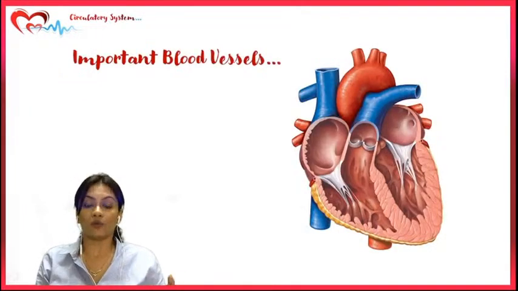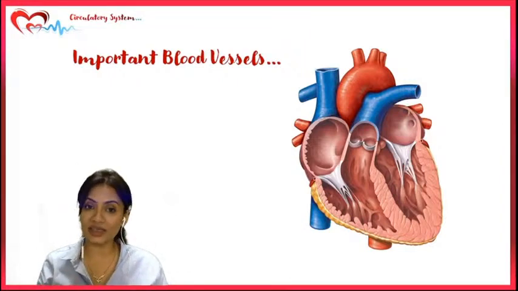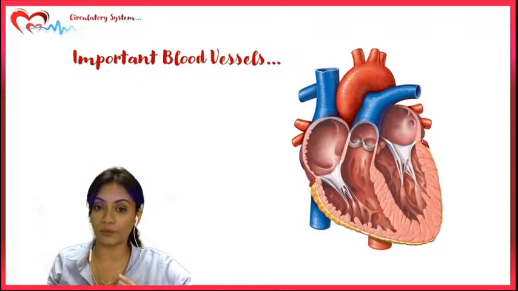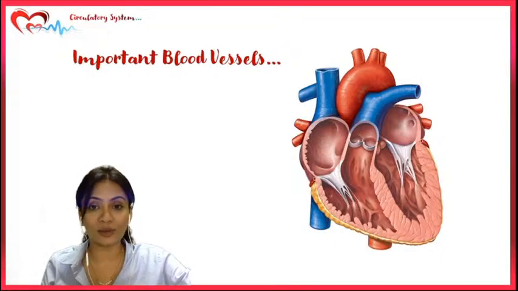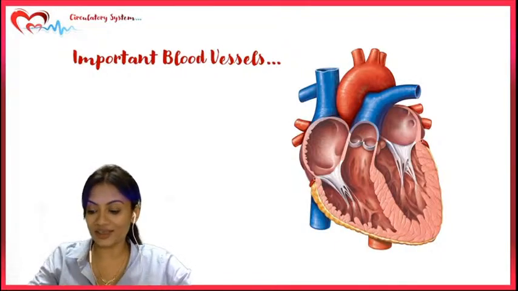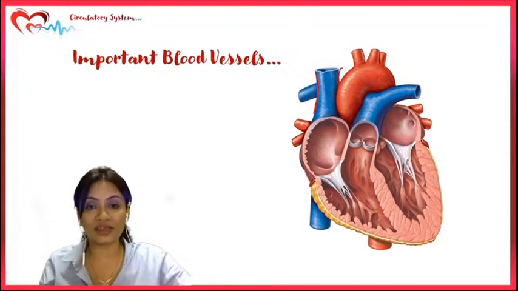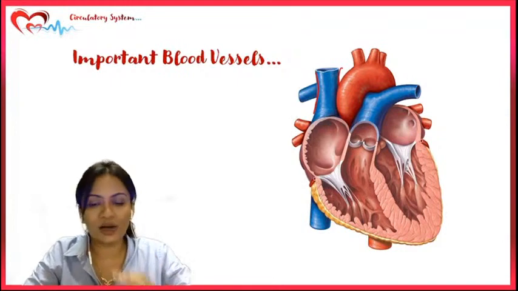Alright, now talking about the important blood vessels which are seen in the external structure of the heart, let us see which those are. Okay, first of all, the very first vessel that you might be able to put your eyes on is this one over here. This vessel is carrying deoxygenated blood. Can you see how it's blue colored?